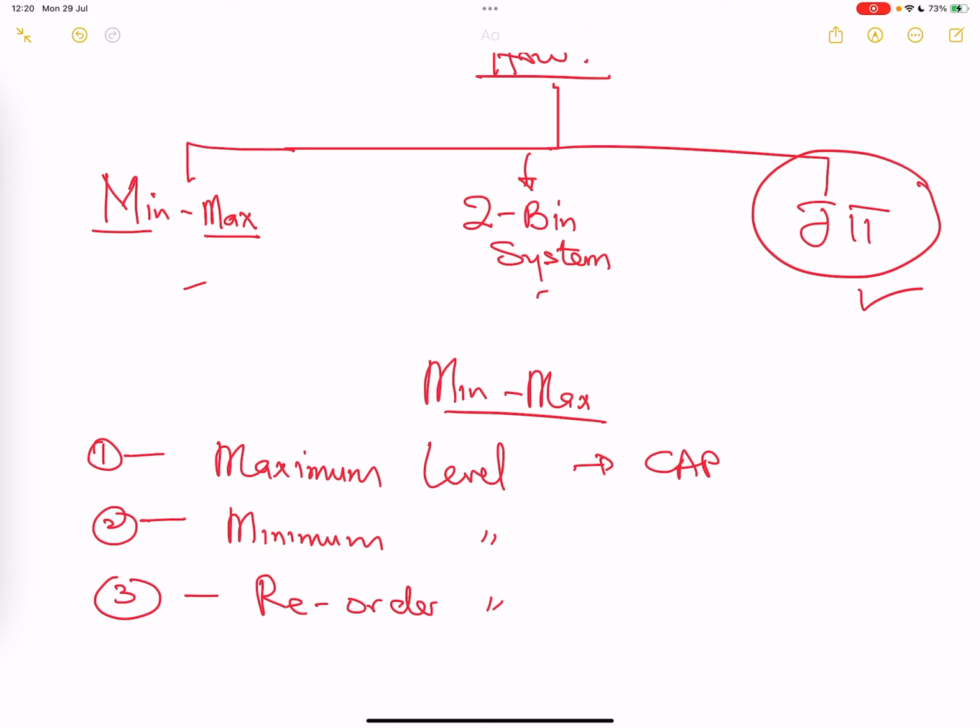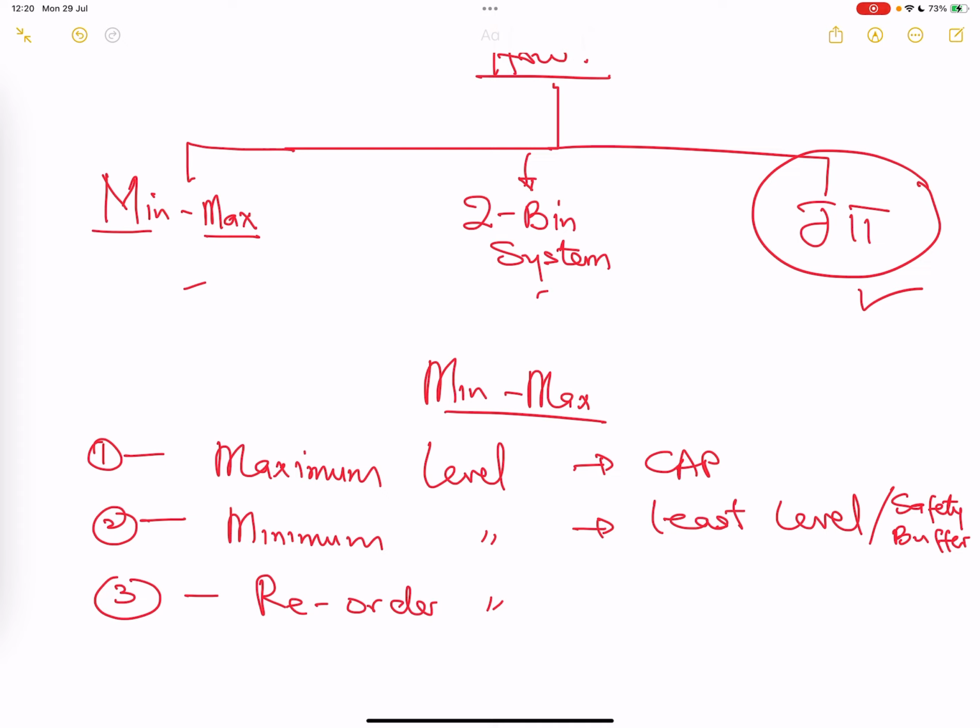The minimum level is saying this is the least level of inventory, which means you must never have less than that at any point in time. We also call this the safety level. It can also be called the buffer level. That's another word, because different textbooks might use different names, and I don't want you to start getting confused like you are learning something new.